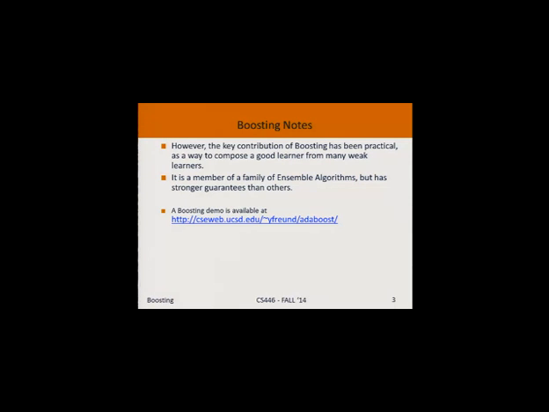So you can go to Freund's webpage here and play with a demo if you want. There are probably a few other demos on the web, but today I'm going to spend some time both showing an example that I think will illustrate what's happening there and giving some of the theory.